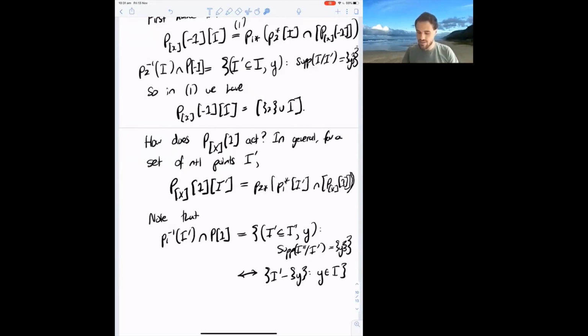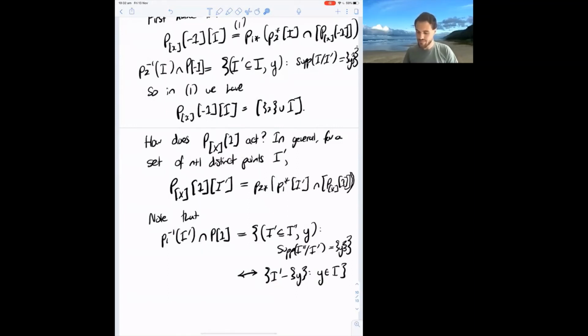So it's crucial, actually here I should say a set of n+1 distinct points. I wouldn't be able to make this identification unless I knew that the points of I prime are distinct.